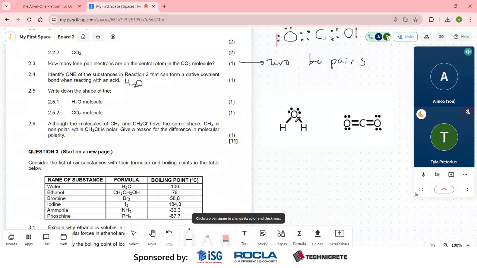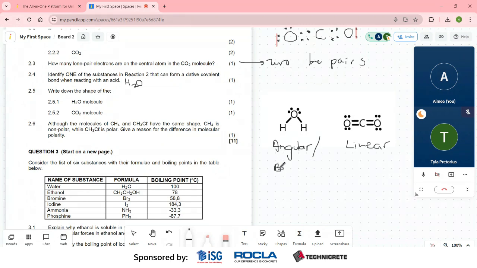I can't really explain this to you. You can't really, in the exam, figure out what these are if you don't know. But H2O is angular or bent, and CO2 is linear. So this is 2.5.1, it's angular or bent, and this is 2.5.2, linear.